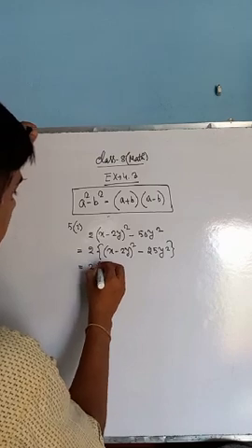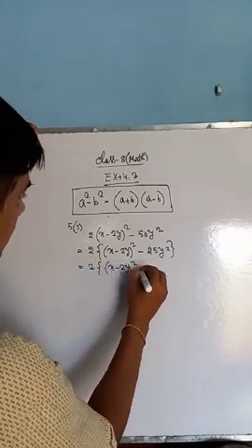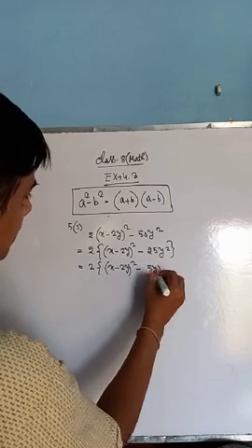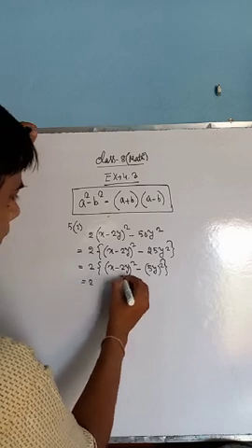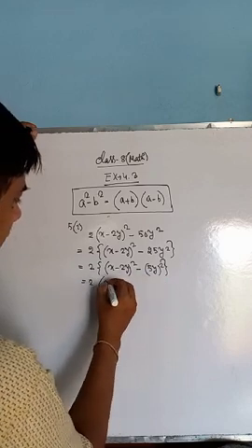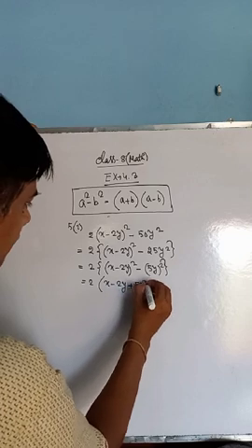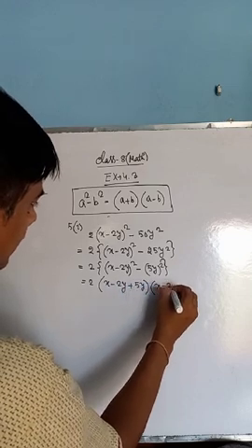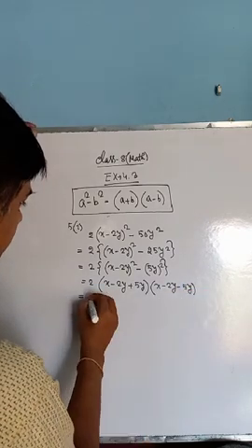After taking the common, 25y square means 5y whole square. Now the a square minus b square formula, a plus b and a minus b.